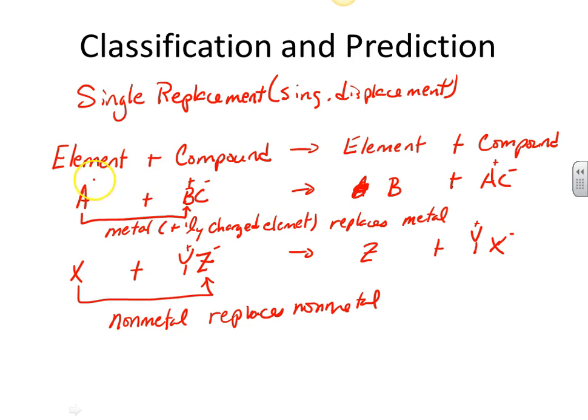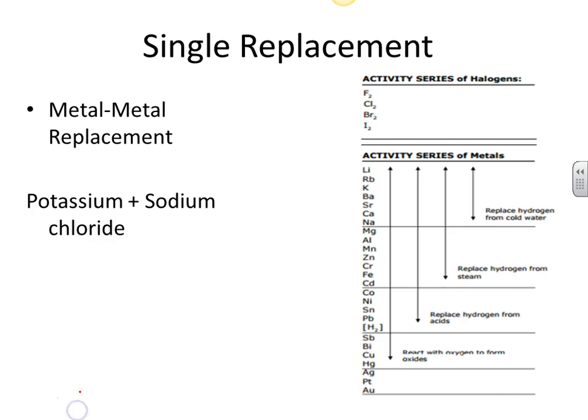Elements in their pure state, such as A or X, have 0 for their oxidation state. So we have A going from 0 to a positive state. That's something a metal would do. X is going to go from 0 to a negative state, which is something that in general a nonmetal would do. So these are the patterns that we're going to look for.